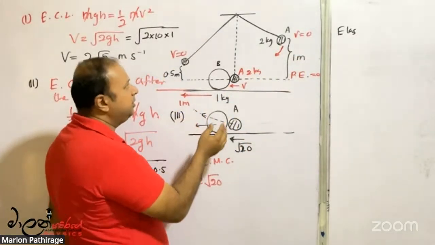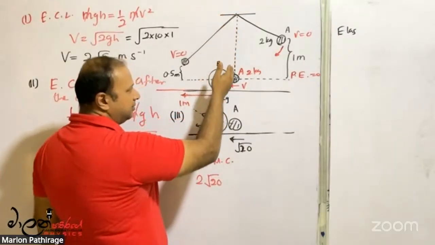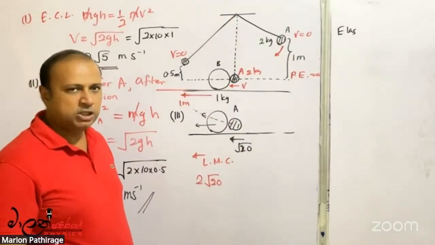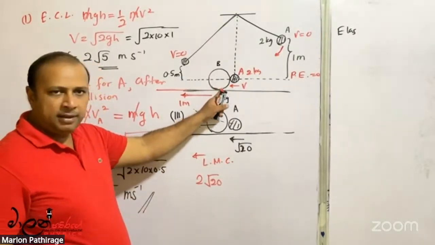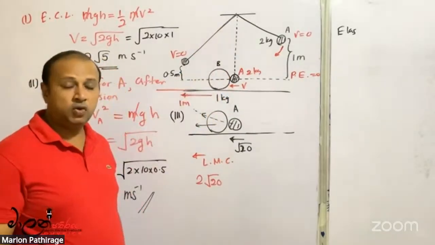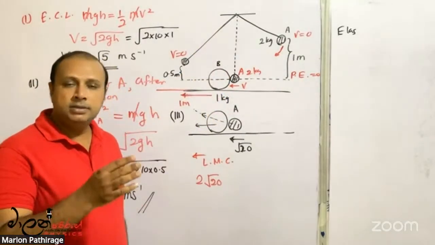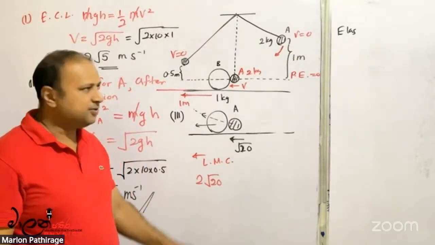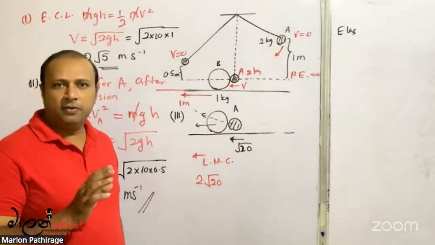What will happen? This string becomes vertical. So according to the figure, when the collision occurs, this string becomes vertical. So that is the moment just before collision. And so this is the moment of just before collision.